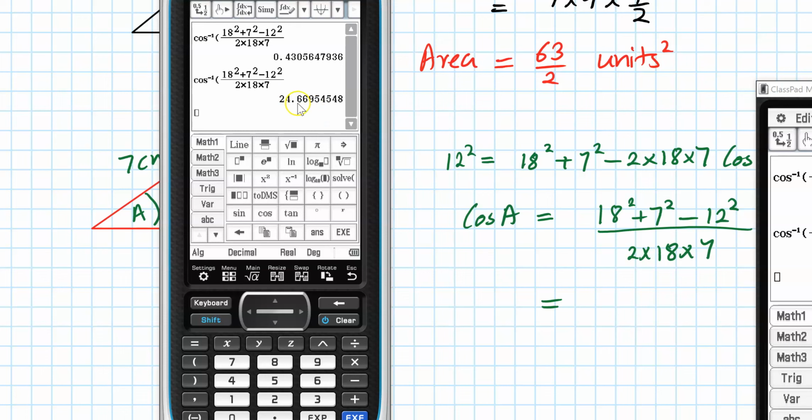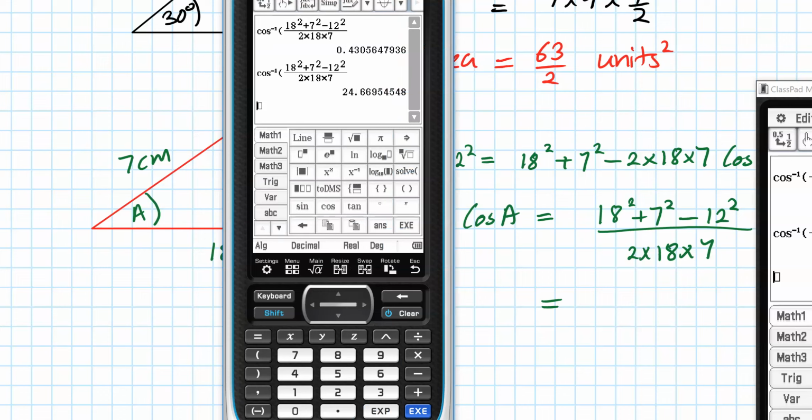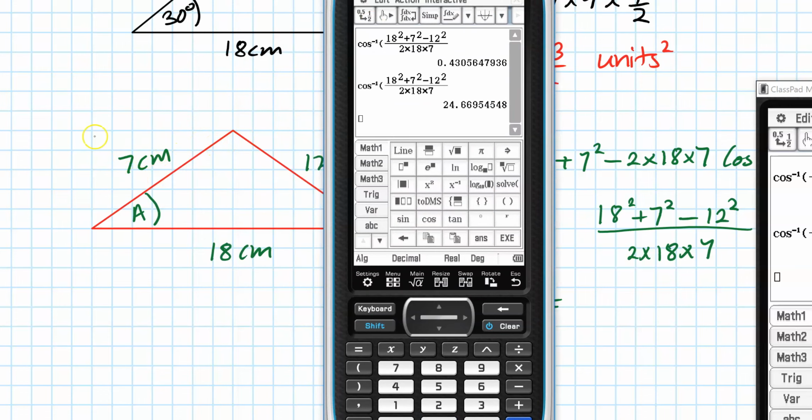I would like to apply my final equation, which is half bc sine A. Now in this case, if you look at your A, the b and c are again 7 and 18. Therefore, let's apply that: half bc sine A, so half times 18 times 7 times sine of this value.